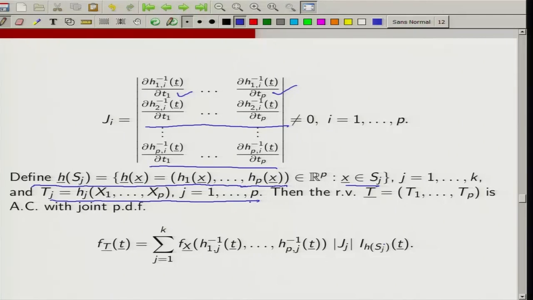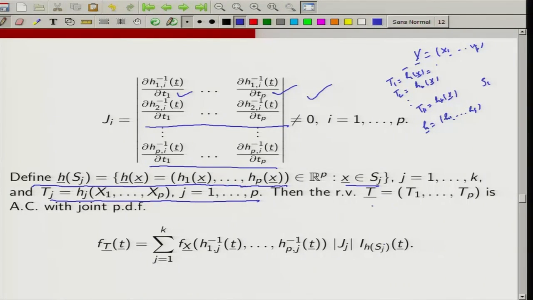So, what we have done is we had a random vector X = (X1, X2, ..., Xp). Using this, we have considered p functions: T1 is H1 of X, T2 is H2 of X, and Tp is Hp of X. We have assumed that this whole transformation H is 1 to 1 in each of the sets Si, and the Jacobian is given by this.